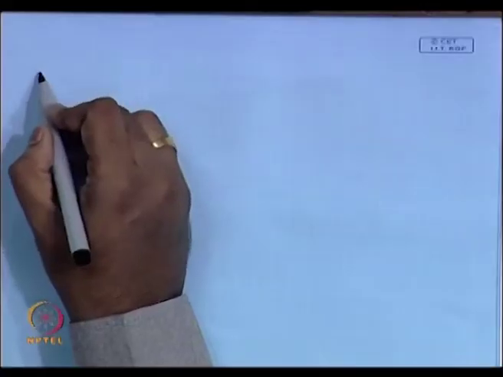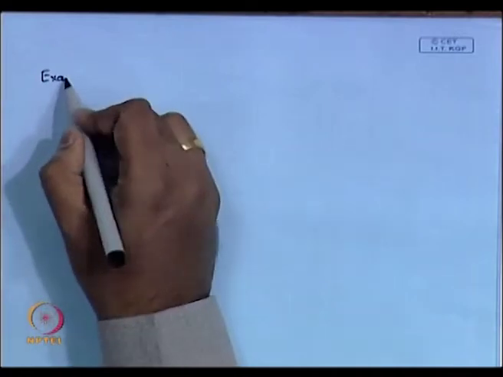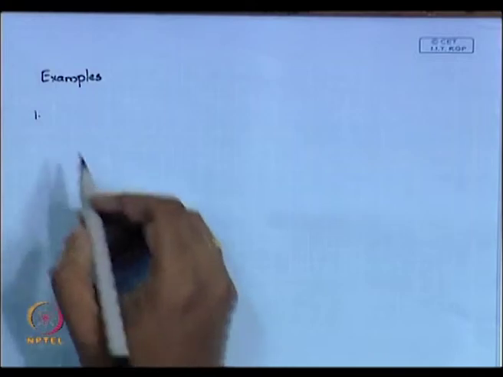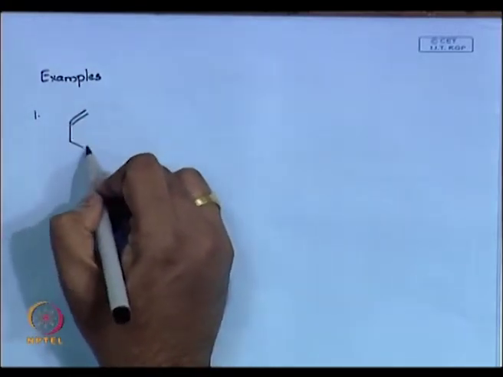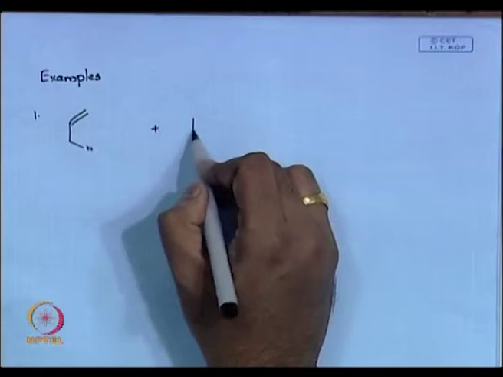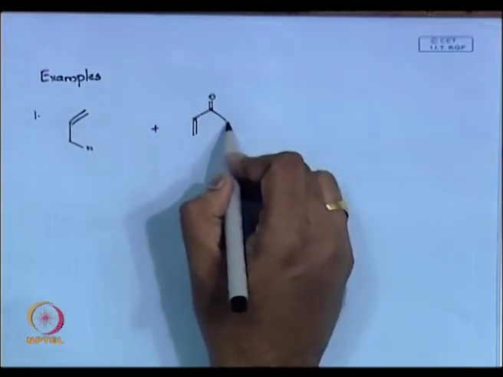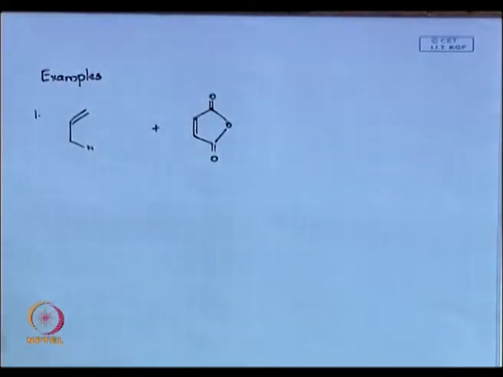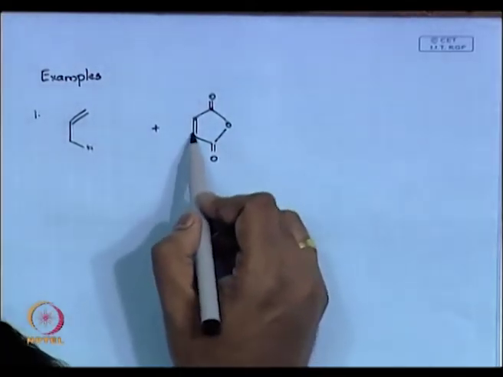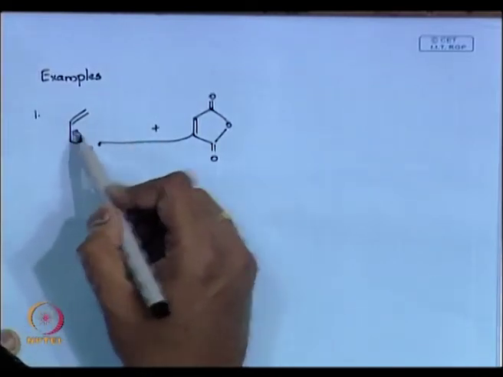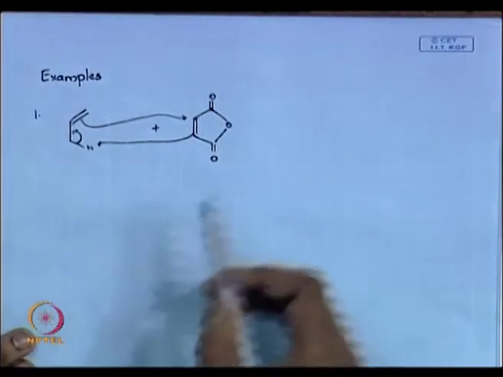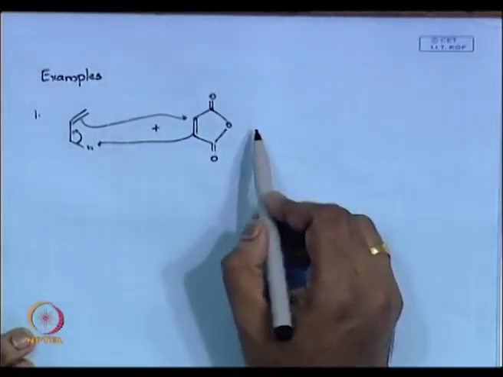Now, what we will do is see some good examples of ene reactions. First, we will take a simple example. So, I have an alkene with an anhydride, so you have a hydrogen pulling, then you can shift this with this, and you can get your product.